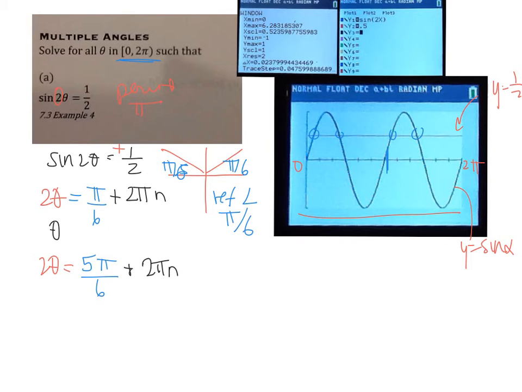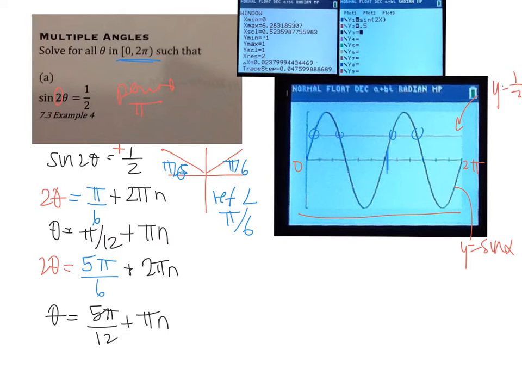So theta is going to be pi over 12 plus pi n, or theta is going to be 5 pi over 12 plus pi n. So actually, when we're finished with this one, I'm going to show you another method that you can use for this, and you're welcome to pick a method that works for you.